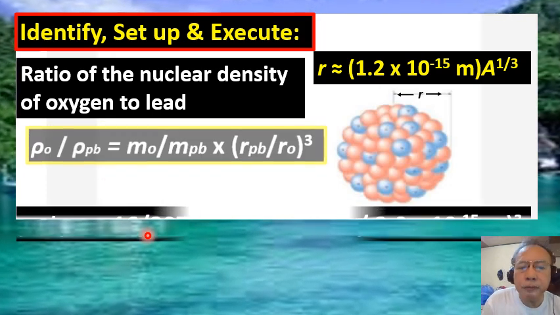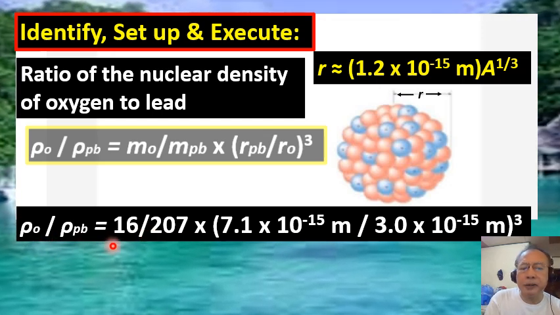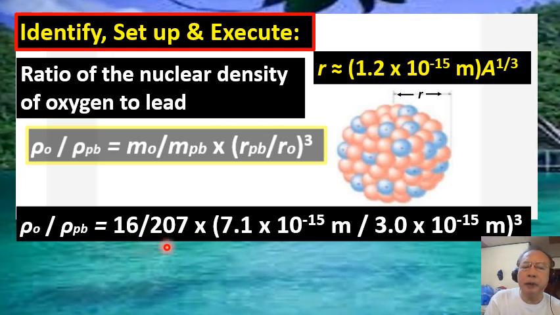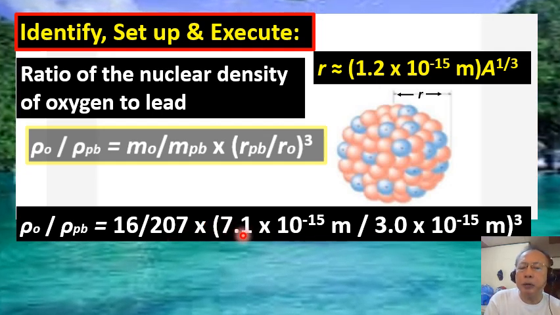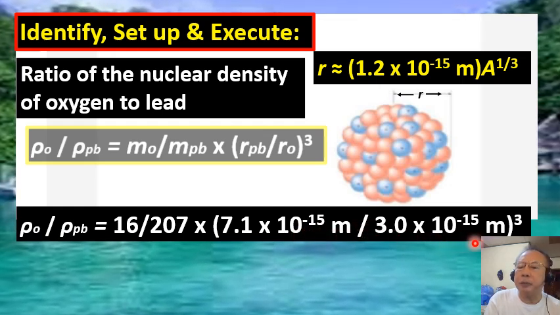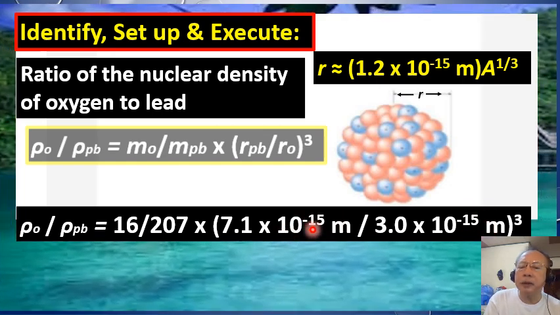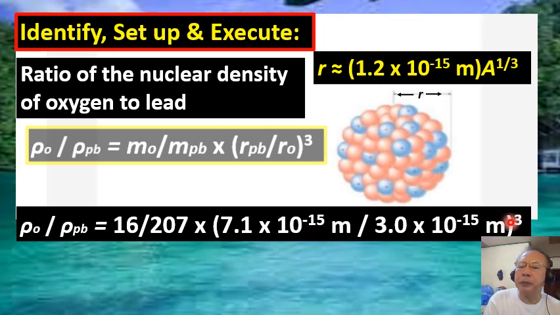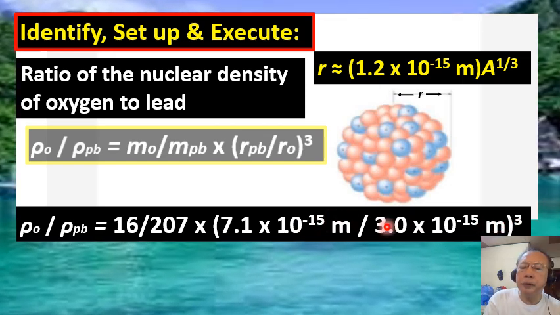So when we substitute, the density of oxygen over the density of lead is just equal to 16 divided by 207, and then multiplied by quantity 7.1 times 10 to the negative 15 meters divided by 3.0 times 10 to the negative 15 meters, and the result of getting the ratio will be raised to the third power, or cube.